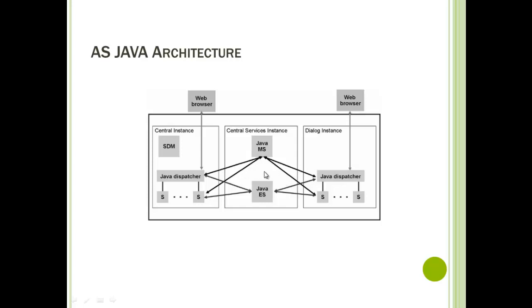Each node of the Java cluster can communicate directly with the message services. Okay, in the SAP application server Java, the enqueue services hold the logical locks. Each node of the SAP cluster can communicate directly with the enqueue, whether it's a server process or the dispatcher.